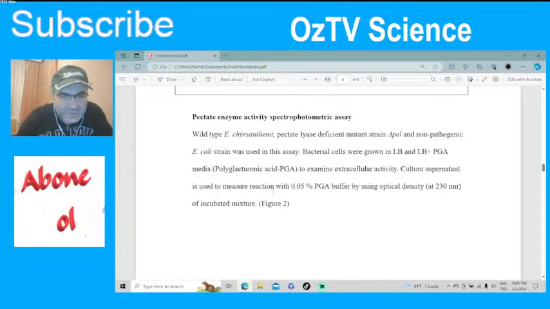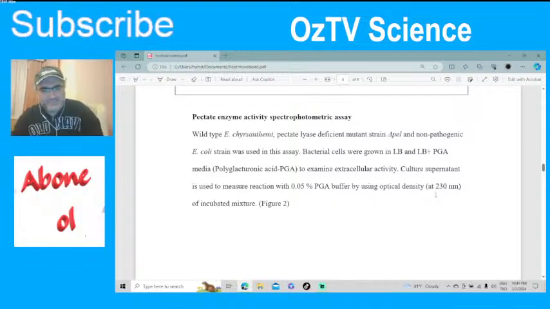It is used to measure reaction with 0.05 PGA buffer by using optical density. You grow the cells, and then you put them in little containers called cuvettes, and then do a reading at 230 nanometer wavelength.